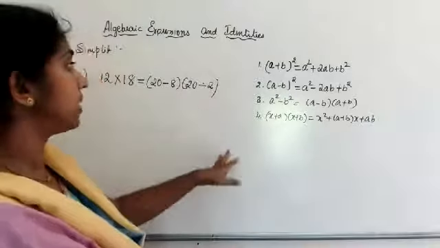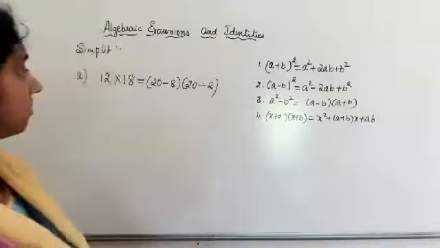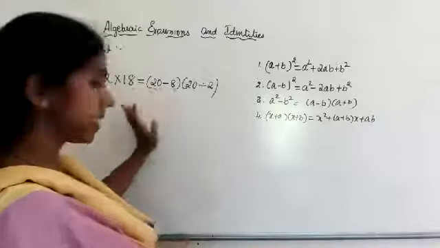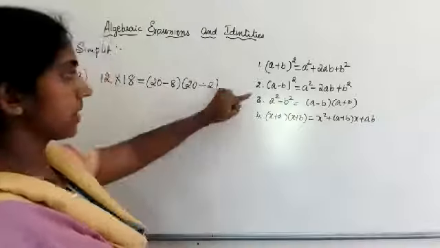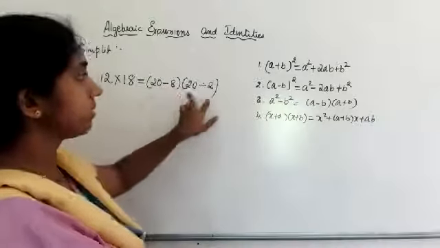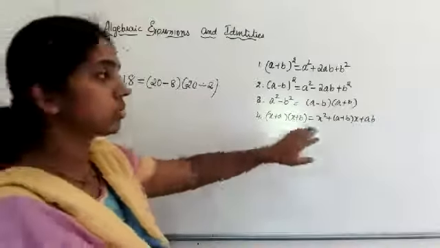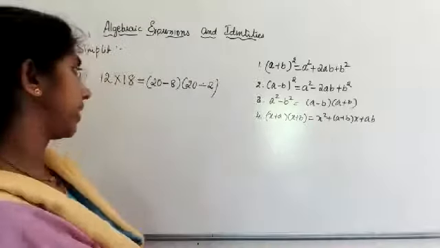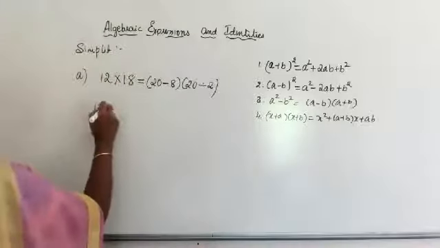Now out of this, which identity will it hold? Yes, this first term, the 2 factors we have are the same. In both the factors, the second term is different. So it goes for which identity? Fourth identity.